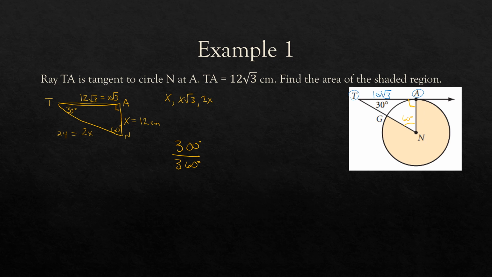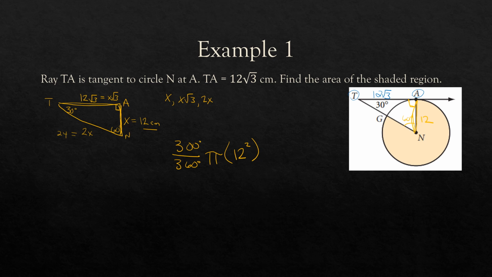Now I multiply that fraction times the area of the circle, pi r squared. What is my r? Remember that AN was the radius of the circle, and that was 12 centimeters. So I have 12 squared, or 12 centimeters squared.